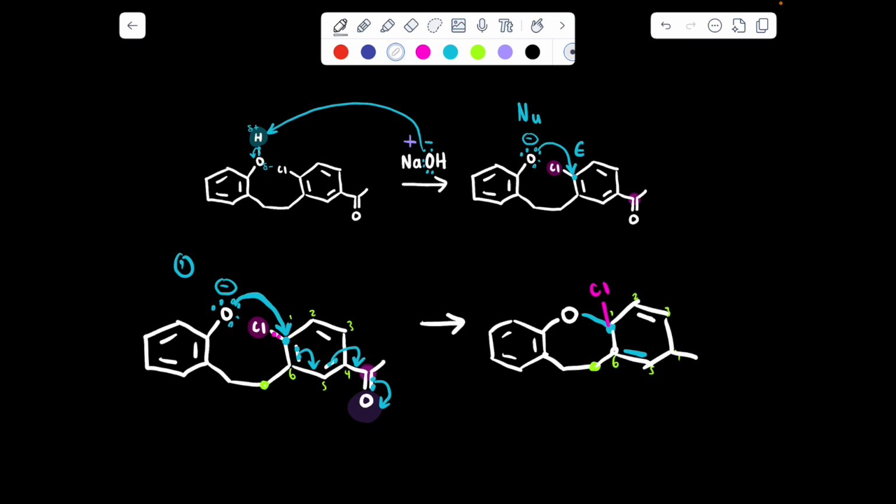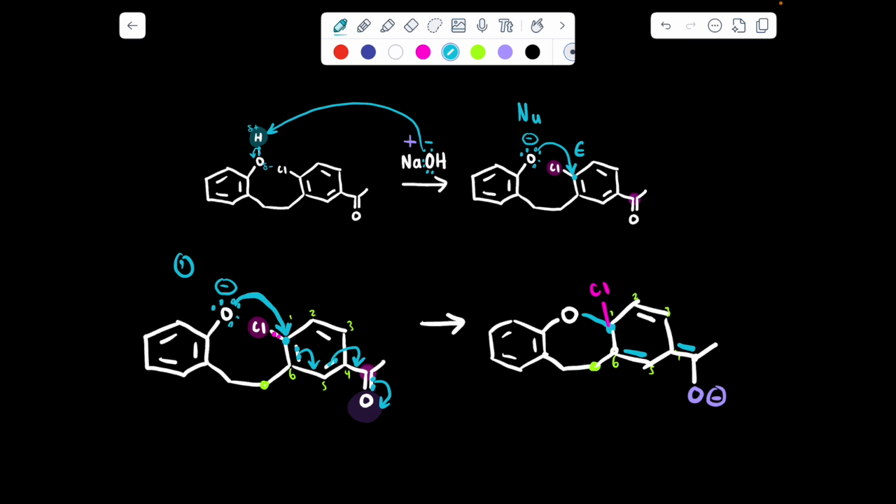Carbon number 4 is connected to the carbon with the carbonyl group, so draw in the carbonyl group, but now the oxygen is going to have a negative charge, and we can also see that we have the head of an arrow in between carbon number 4 and the carbon that is part of the carbonyl. So another pi bond is also going to exist right there.